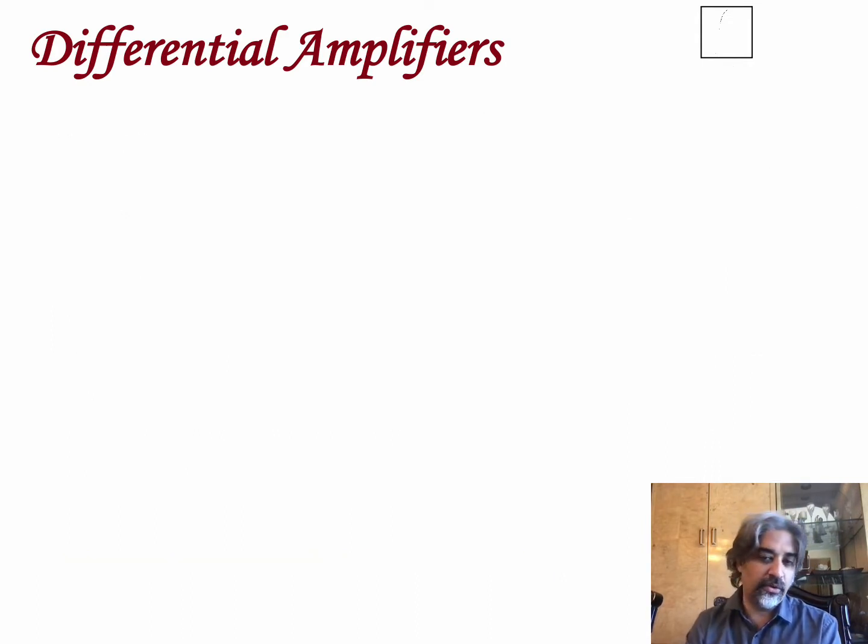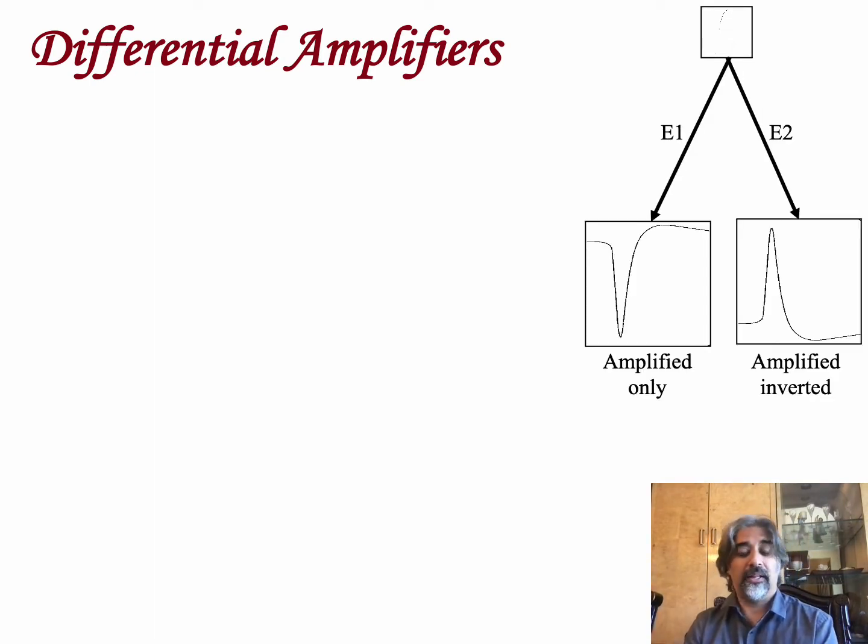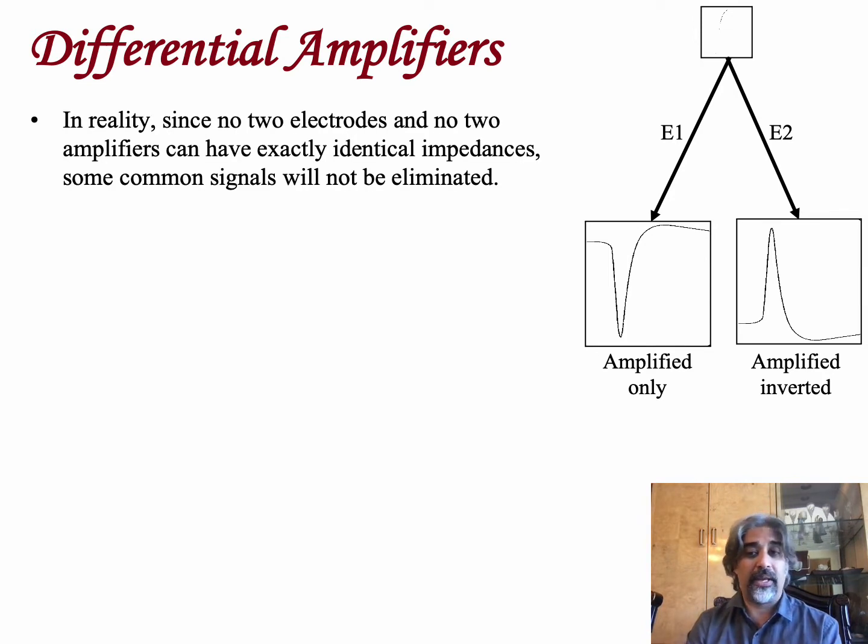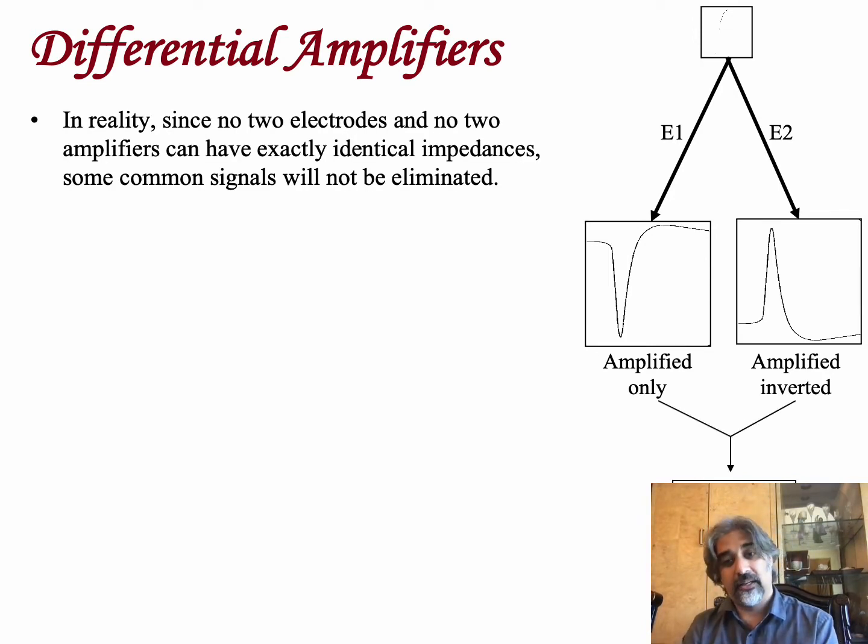The thing is, no two differential amplifiers have exactly the same gain, right? So if the gain is 10,000 in one of them, then it's probably going to be 9,999.999. Well, what does that mean? That means that everything won't be canceled out exactly, and a little bit of something will sneak through.